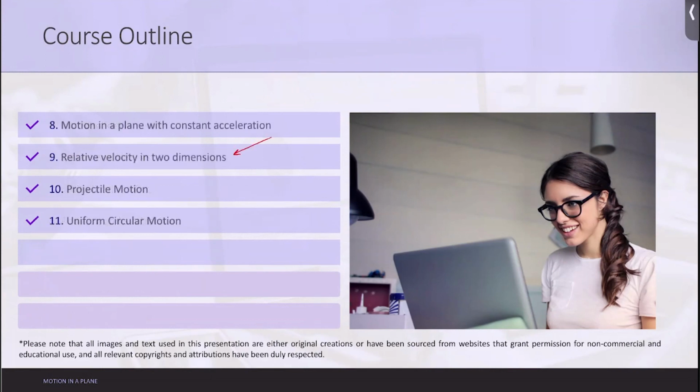Finally we went on to understand motion in a plane with constant acceleration, and derived all the kinematic equations. What were they? The first is v equals v naught plus at. The second is the displacement vector r equals r naught plus v naught t plus half at square.